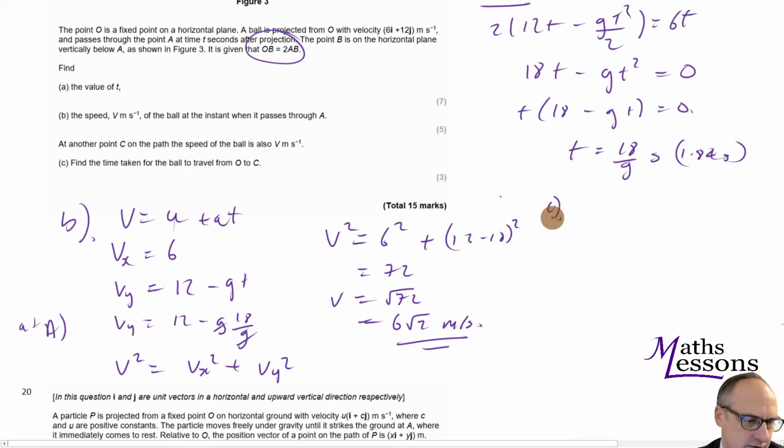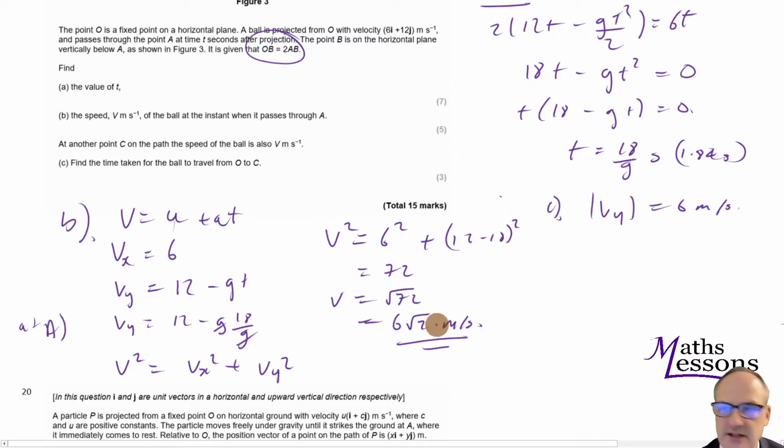So for part C: at another point C on the path, the speed of the ball is also v meters per second. Find the time taken for the ball to travel from O to C. So basically, we know that the x velocity doesn't change, so the velocity in y is the only thing that changes. For it to be exactly the same speed, the magnitude of vy must equal 6 meters per second.